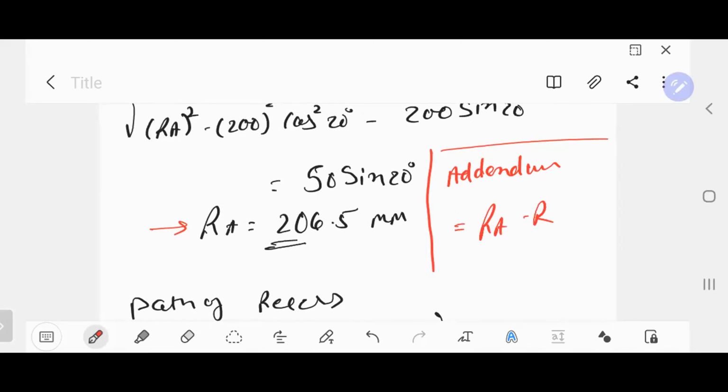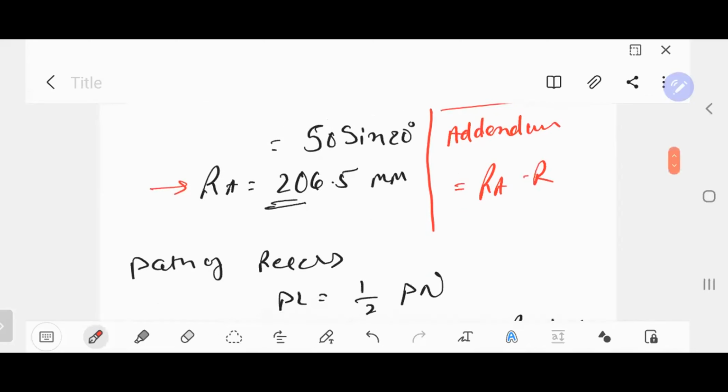That gap is known as the addendum. So it is 206.5 minus 200, and the answer is 6.5 mm. This is the addendum, 6.5.